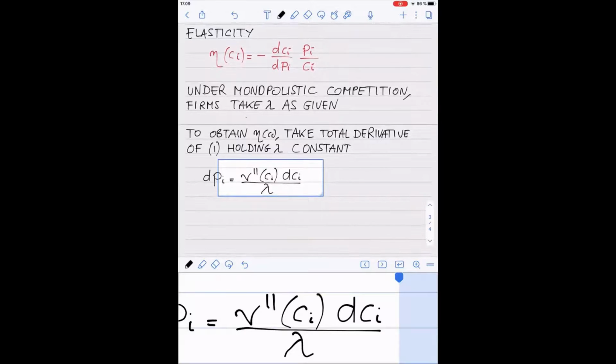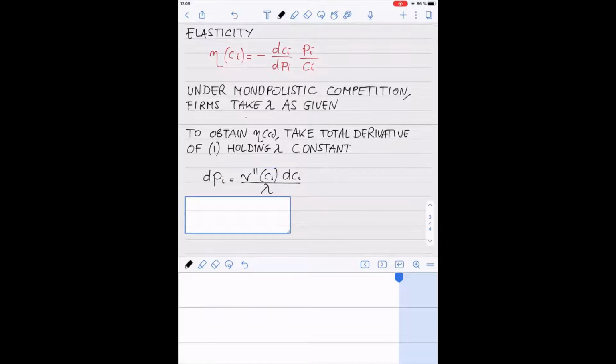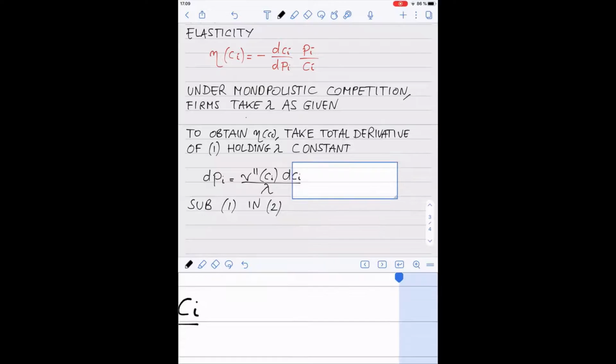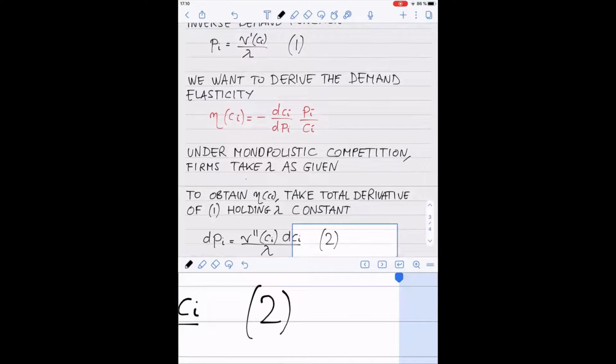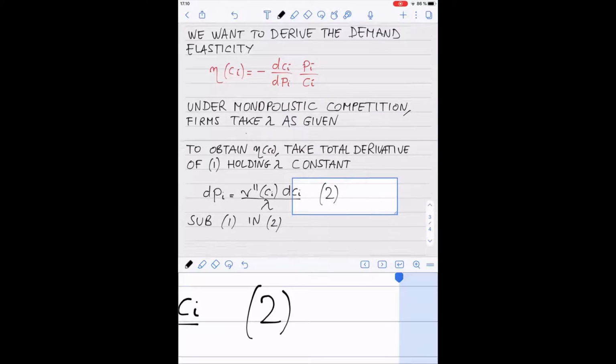Okay, so now what we want to do is substitute the inverse demand function into this expression. Let's call it 2. In other words, what we want to do is to substitute the lambda. And so what does this give us?